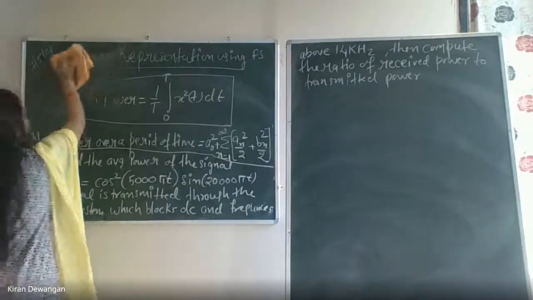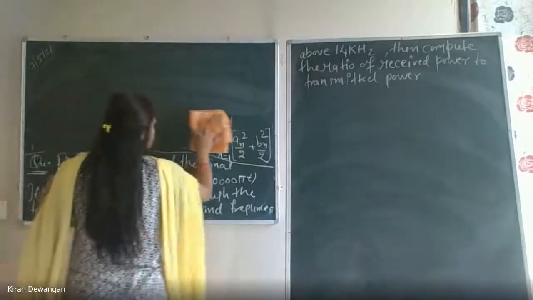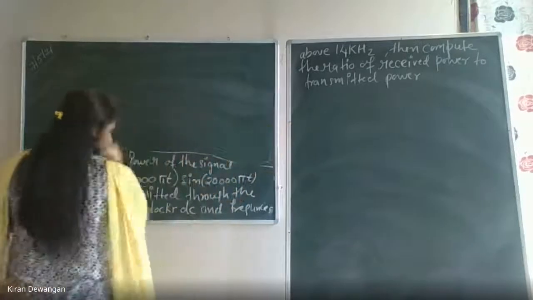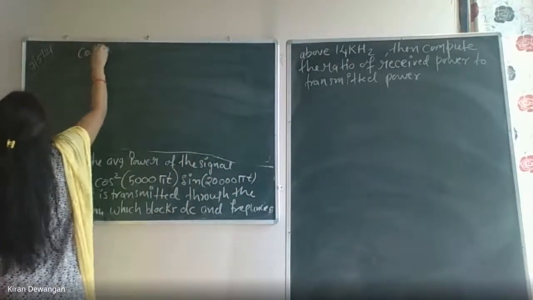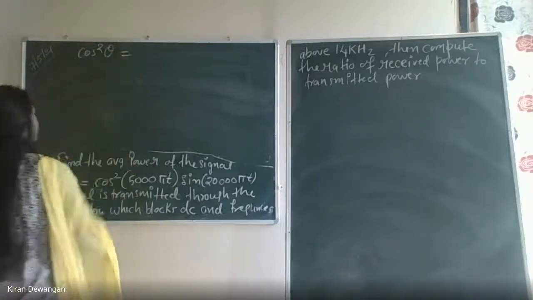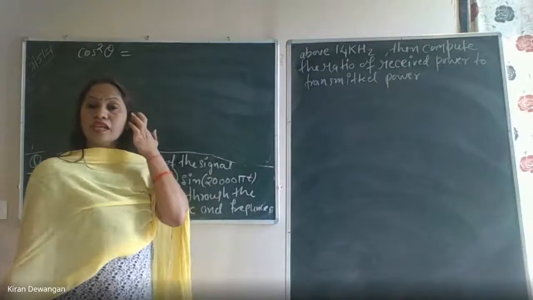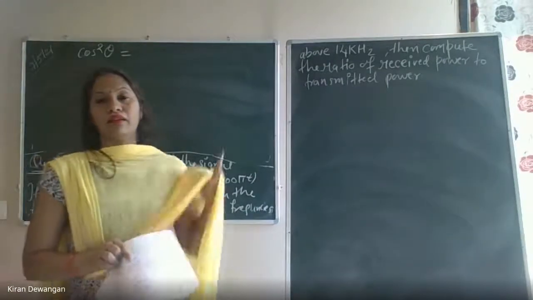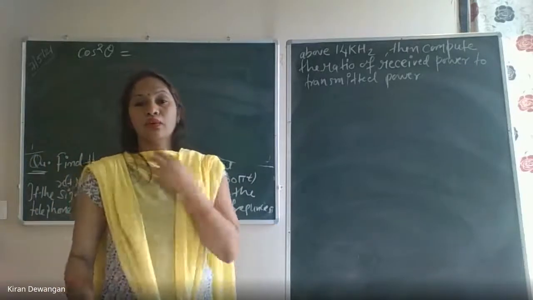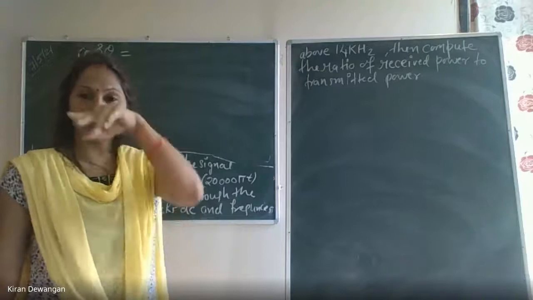Now let us solve the question. We all know cos square theta can be written as, cos square theta को कैसे लिख सकते हैं in terms of sin? How can we write cos square theta in terms of sin? Anyone who can reply, just turn on your mic and give the answer of this question.